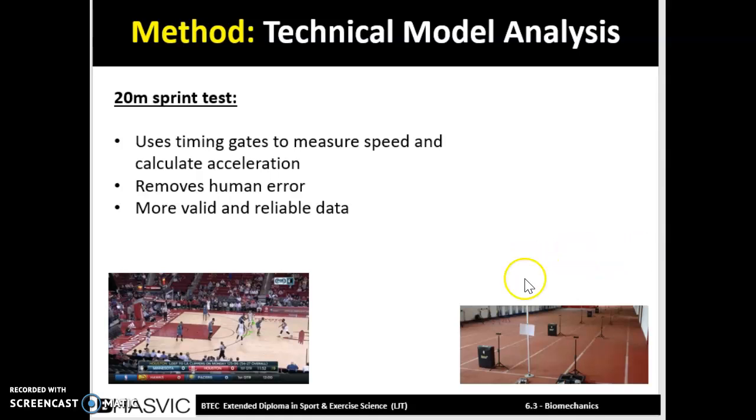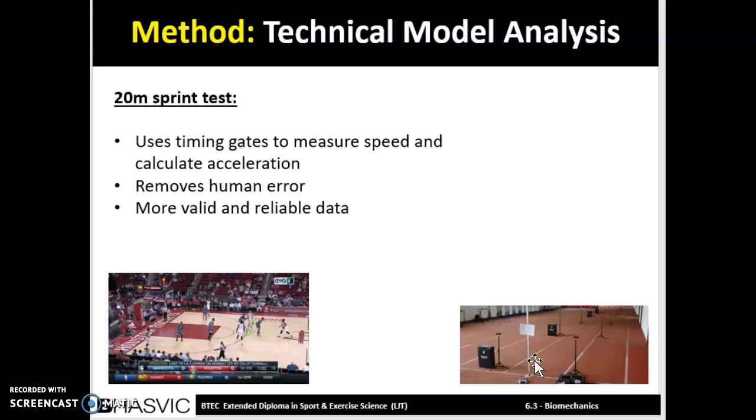These timing gates have lasers that cut across them, so when they get cut by or interfered with by the performer running through them, it will clock what time they ran through that. So this removes the possibility of human error, as this would be incredibly accurate, probably to the 100th of a second or something like that.